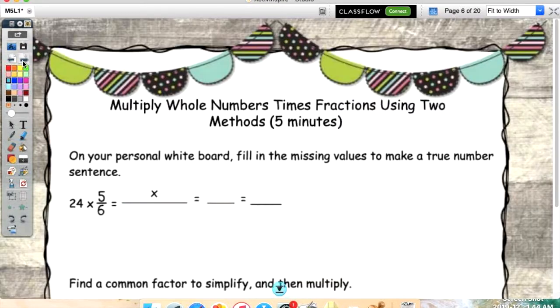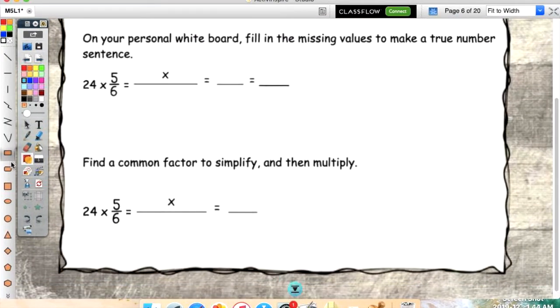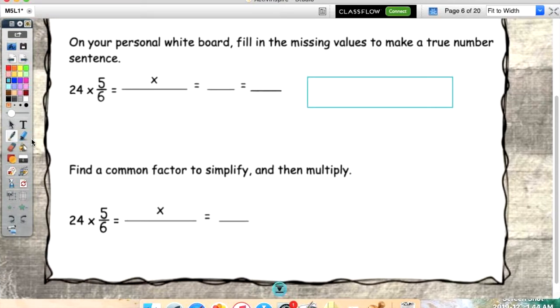Okay, this next one's a little harder. But let's start with the tape diagram, okay? What's my total here? 24. What's my denominator? 6, the number on bottom. Denominator downstairs, remember? Okay. What's my numerator? 5.